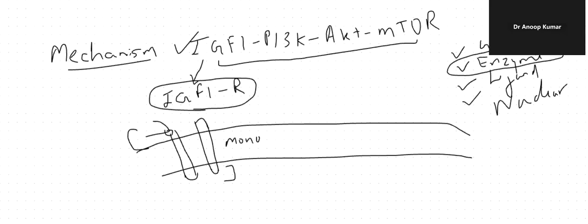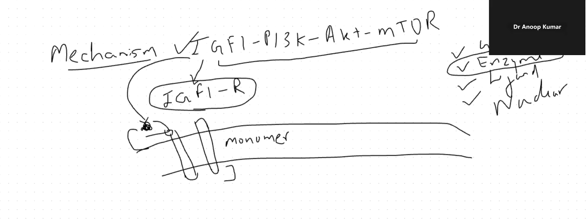When your extracellular ligand is going to bind, and the extracellular ligand in this case is IGF-1, insulin growth factor 1. This is your ligand which is going to bind with the IGF-1 receptor, and the IGF-1 receptor is an enzyme linked kinase receptor.